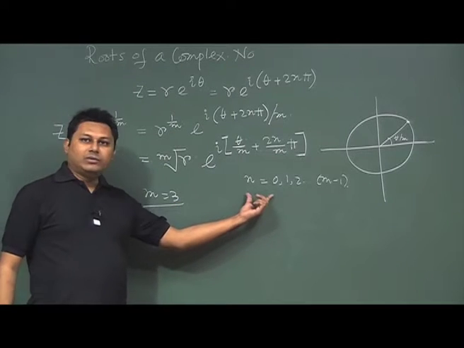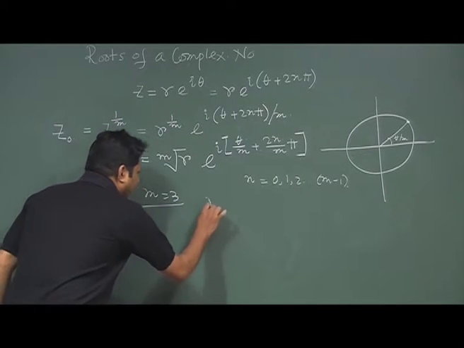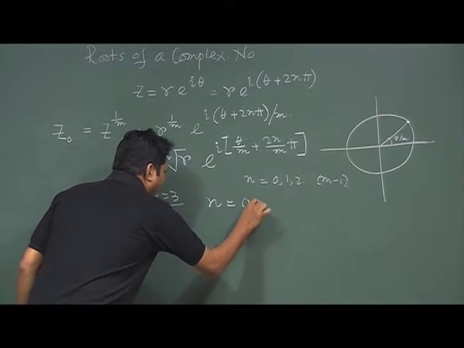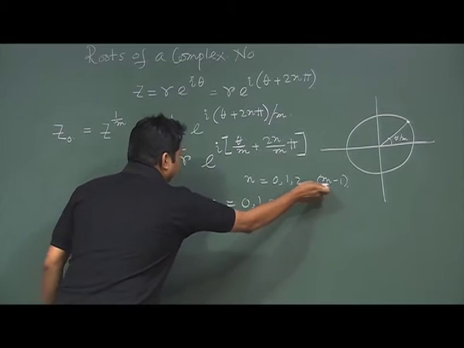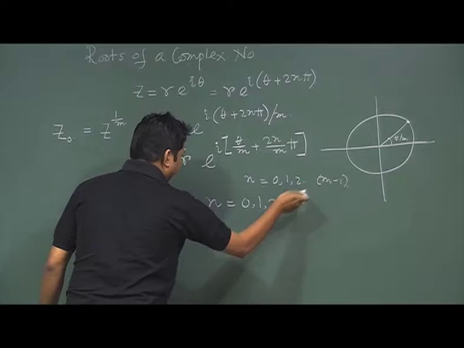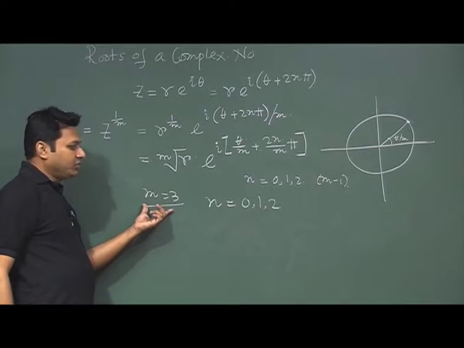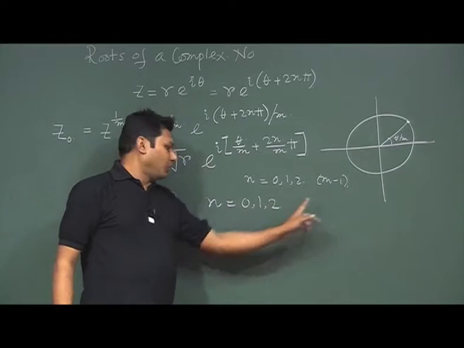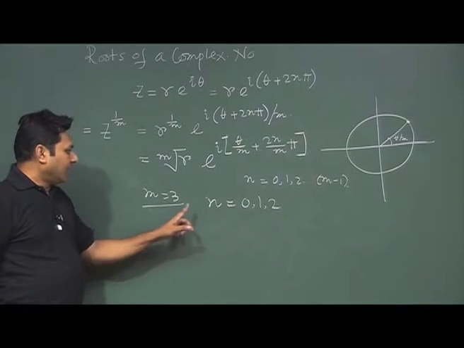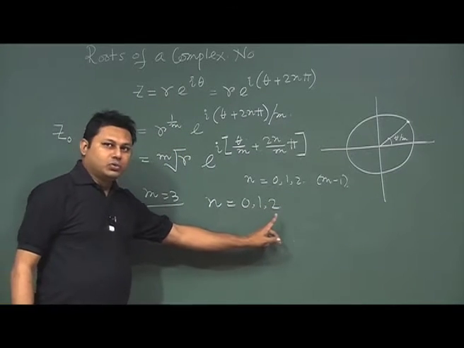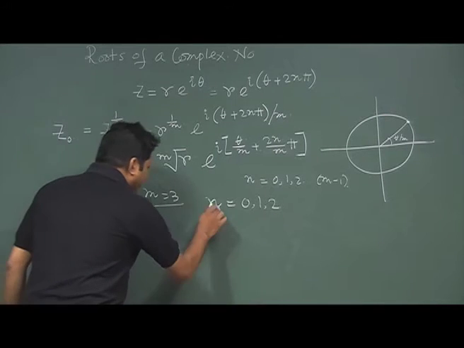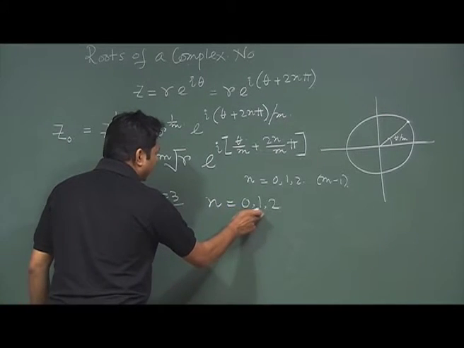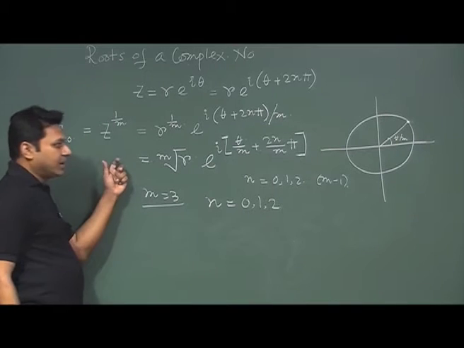So, how many n values will you have? n will be 0, 1 and 2, not 3, because if n is 3 then n and m will become the same. So, I need to go up to m minus 1. Whatever the m, I have 3, I need to have 0, 1 and 2. So, for each n, 0, 1 and 2, I will have one individual number here.